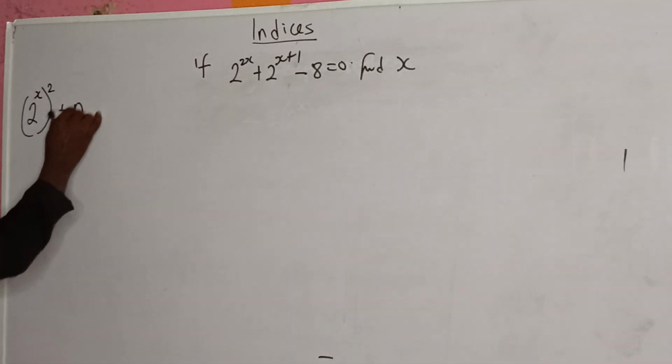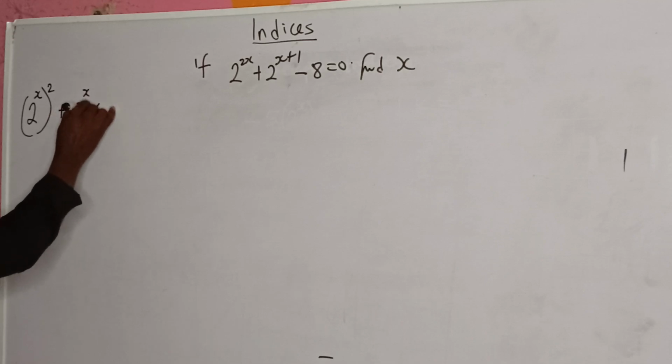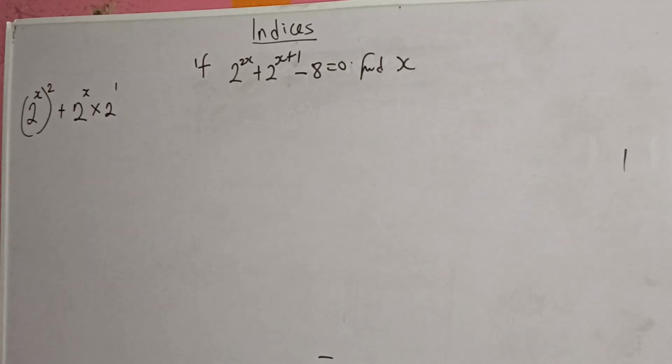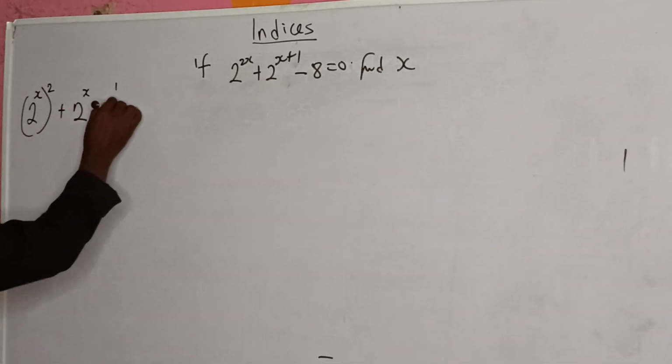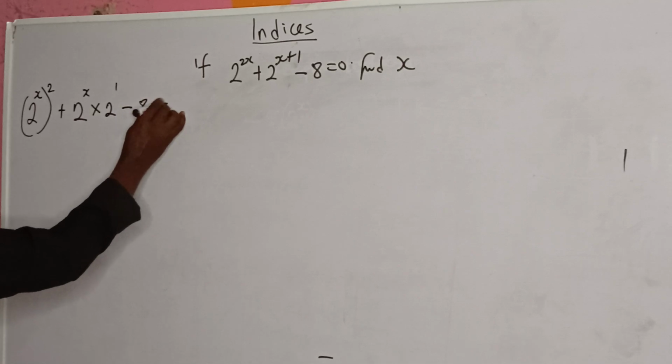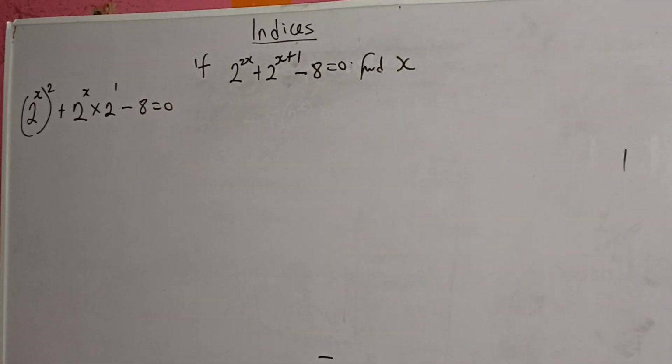So plus 2 power x times 2 power 1, because 2 power x times 2 power 1, you take one of the base and add up their power. The answer will give us 2 power x plus 1, then minus 8 equals 0.